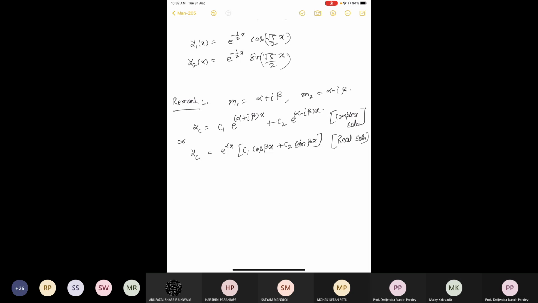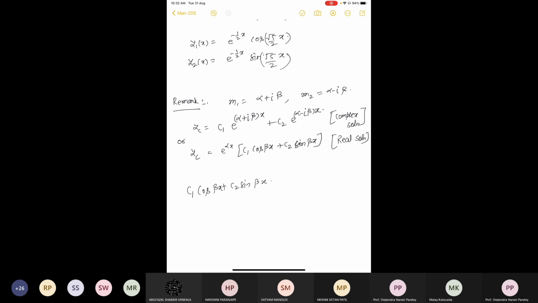Right. Now, again you can change this thing. I hope you already know that c1 cos of beta x plus c2 sine of beta x you can write in a very different format. How can we write it here?